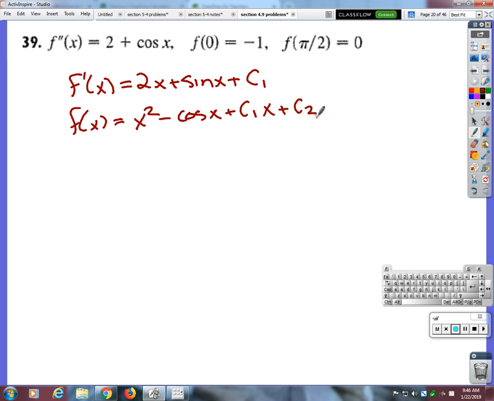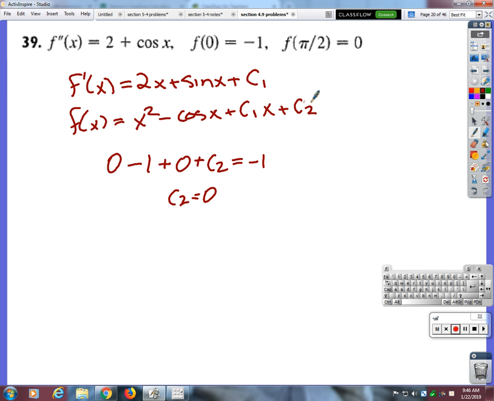Okay. Then if I plug in 0, I get -1. Now you have to be careful with this one because the cosine of 0 is not 0. So that means this is going to be 0 minus 1 plus 0 plus c2 equals -1. So c2 equals 0.